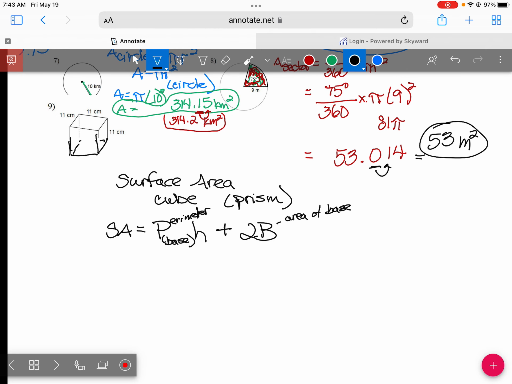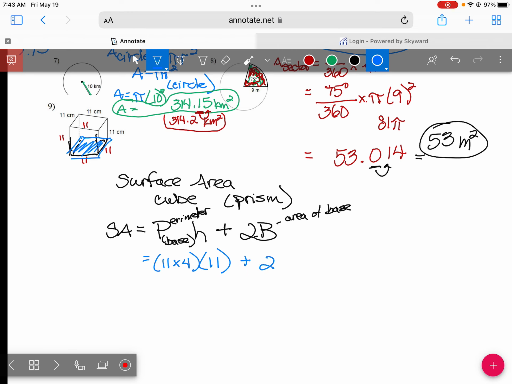All right, so my perimeter is going to be, if this is a cube, that means all sides have the same length. In this case, it's 11. So my perimeter is going to be 11 plus 11 plus 11 plus 11, or 4 times 11, because I have 4 of them, times my height of 11, plus 2 of my bases.